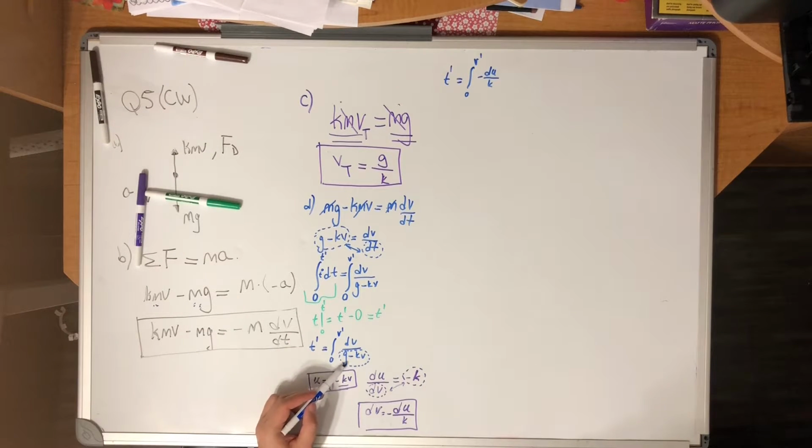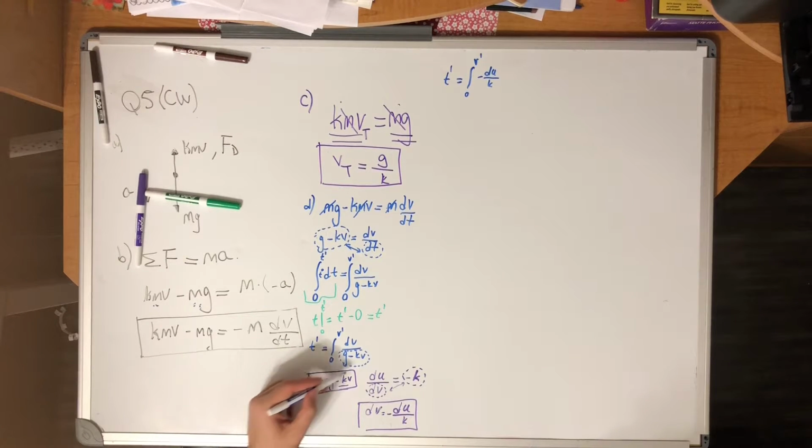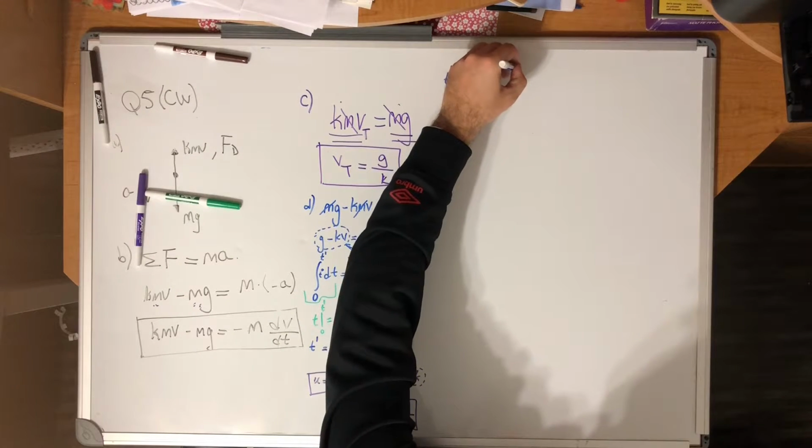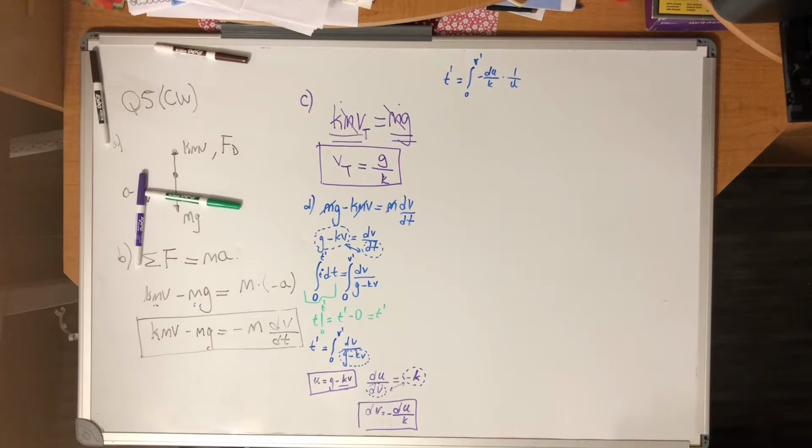And now I'm going to replace this part. If you think about it, this is 1 over g minus kv. So I use u for this, and it will become multiplied by 1 over u.